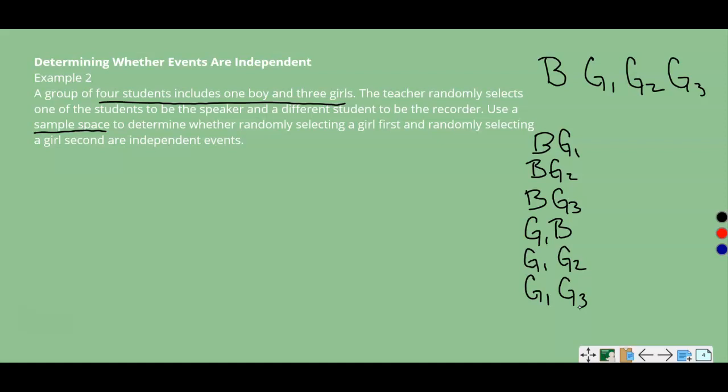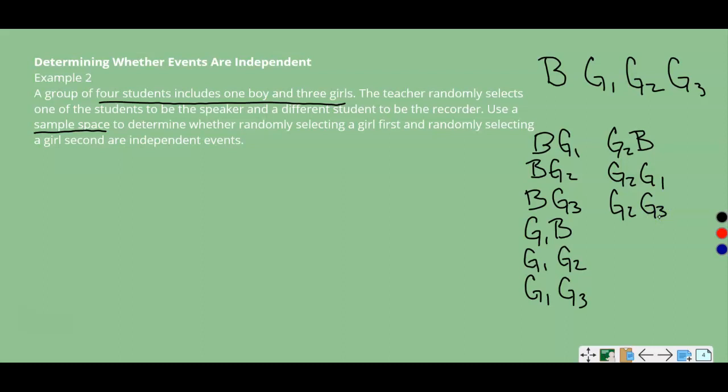All right, now let's say girl 2 gets picked with the boy, and girl 2 gets picked with girl 1, and girl 2 gets picked with girl 3. And that would be all the different possibilities of girl 2 being picked first.